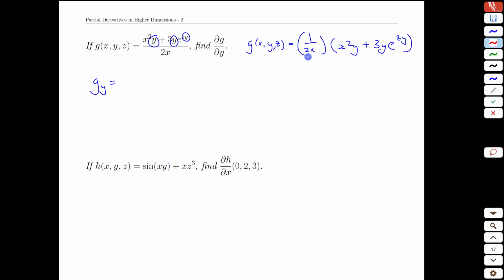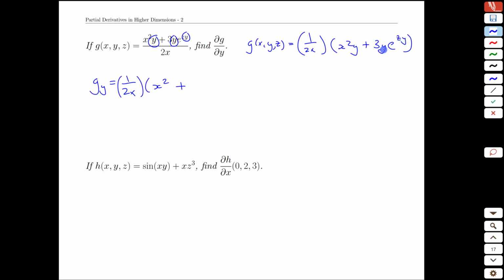And this, if we're taking the y derivative, is a constant multiplier. So our partial derivative is simply 1 over 2x times the derivative of the rest of the term. And what does that look like? Well, the first term is easy. We have x squared, treat it like a constant if we're taking the y derivative, times the derivative of y, which is just 1. We don't write that.